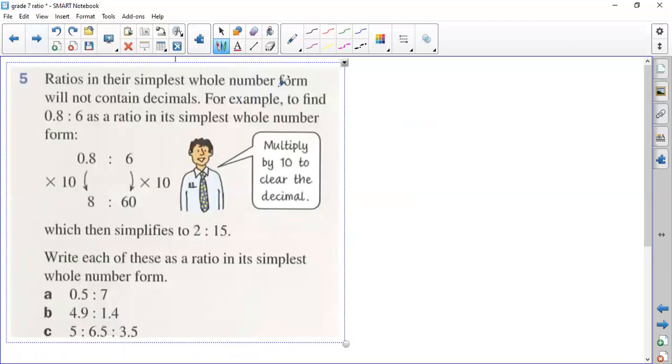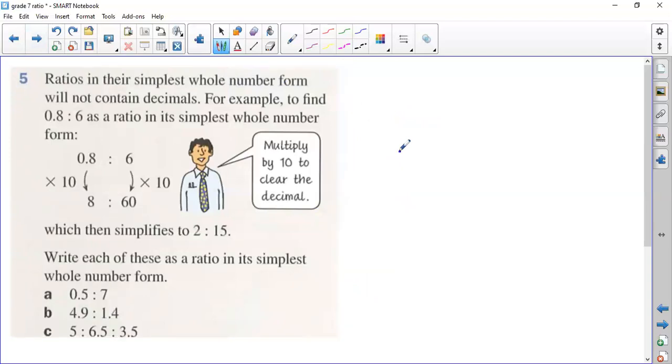Let's see exercise 5 now. Ratios in their simplest whole number form will not contain decimals. Okay, it is important that they will be whole numbers. So for example, to find 0.8 to 6 as a ratio in its simplest whole number form, what will it be? First of all, we have to make the decimal number a whole number. To do it, we have to multiply by 10 in this case.